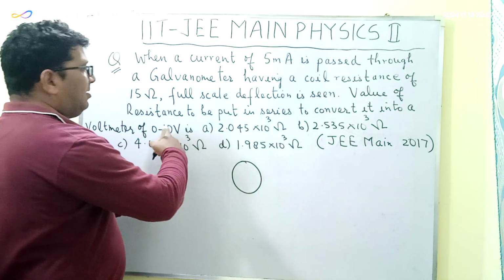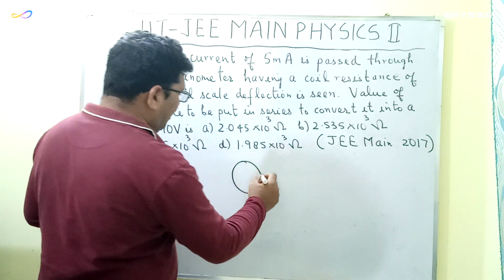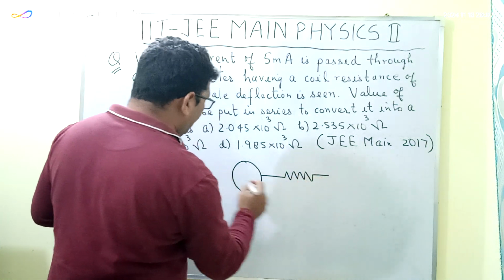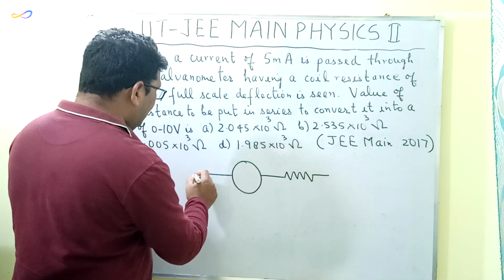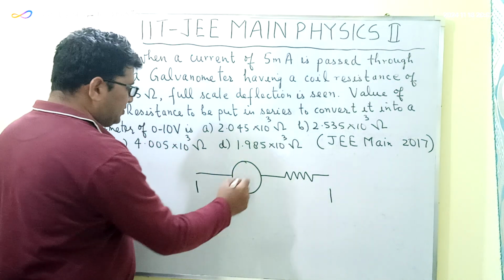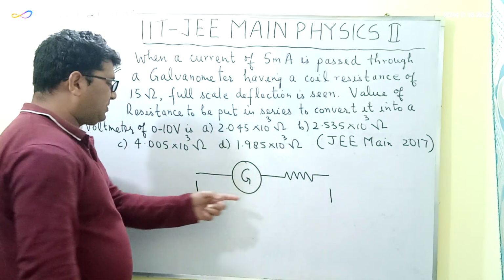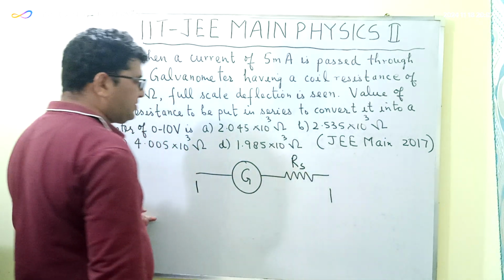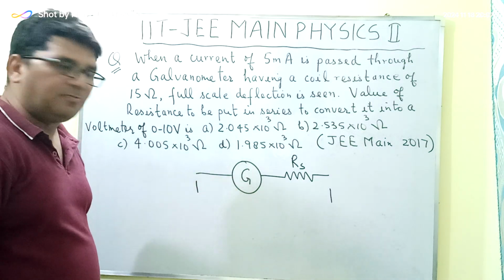Now we will be putting a high value resistor in series to this galvanometer in order to convert it into a voltmeter. This is the galvanometer, the coil resistance is 15 ohm, and let us say this is a high value resistor which is connected in series to this galvanometer.